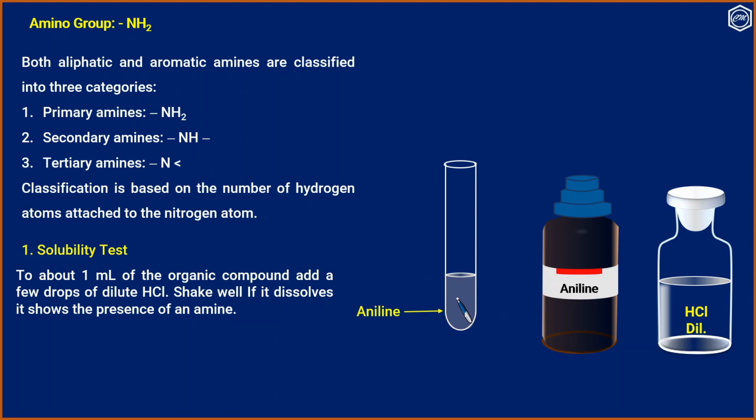To that, we are adding a few drops of dilute hydrochloric acid. We shake it well. It dissolves due to the formation of a soluble salt. Aniline plus HCl, we get this compound.